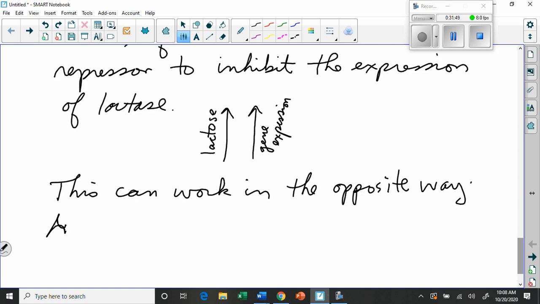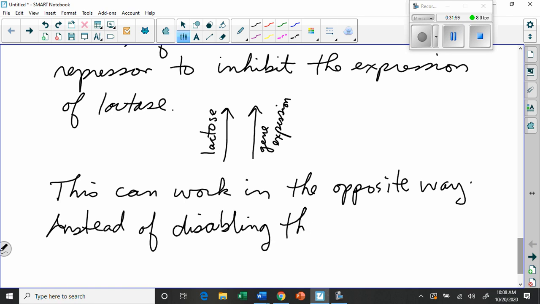Instead of disabling the repressor, sorry, it's a mental block I have. I must have learned it that way back when.